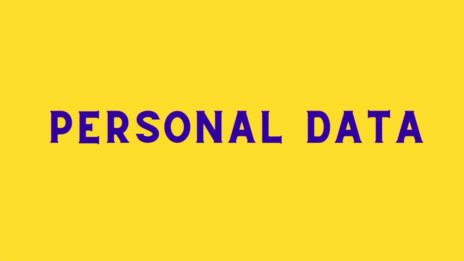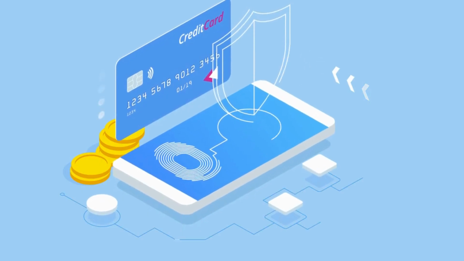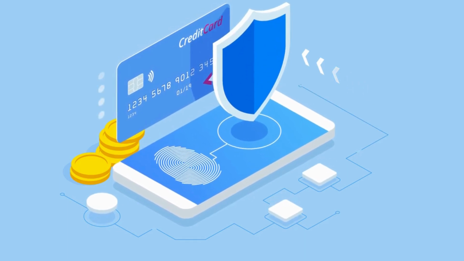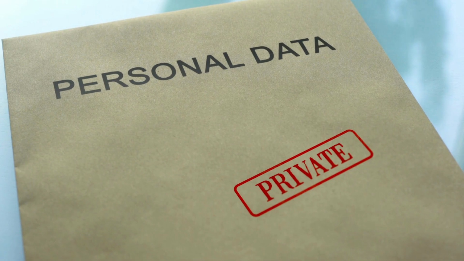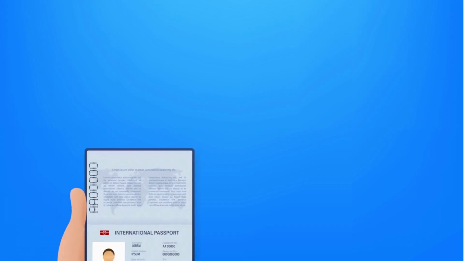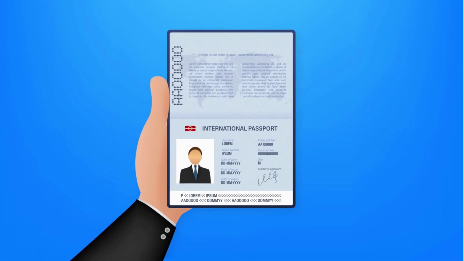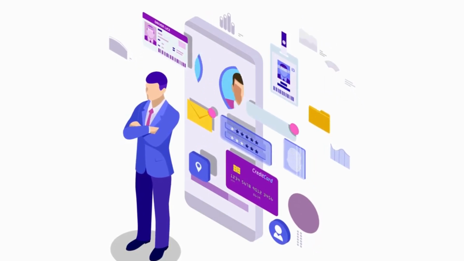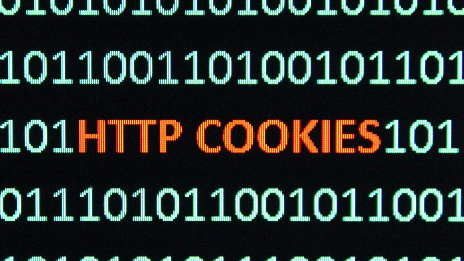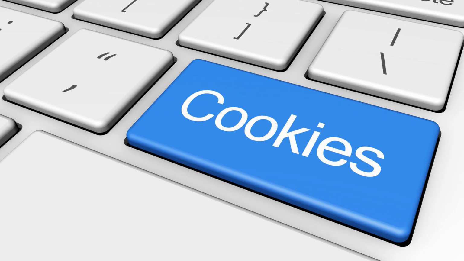Second, personal data. Personal data is any information which can help to directly or indirectly identify an individual through it. For example, somebody's name, email address, location, biometric data, gender, religious belief, web cookies, etc. Now friends, most of these identifiers are self-explanatory in nature, but web cookies I would like to dwell on a little bit more.